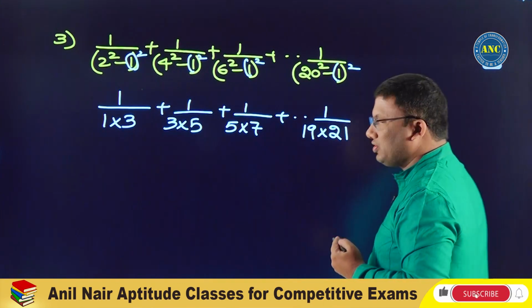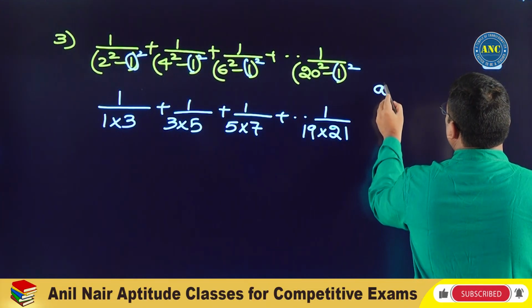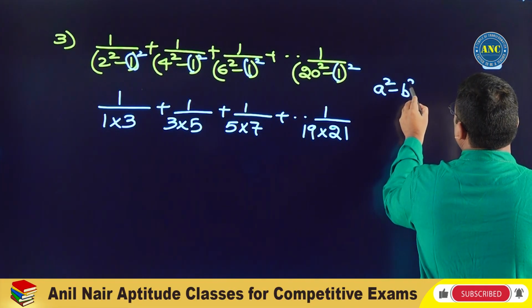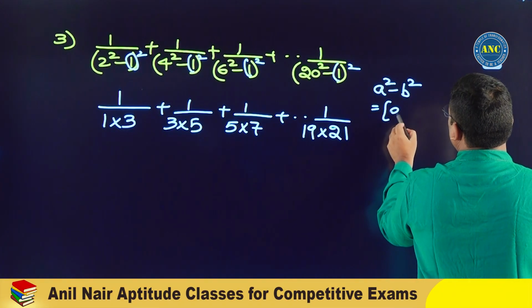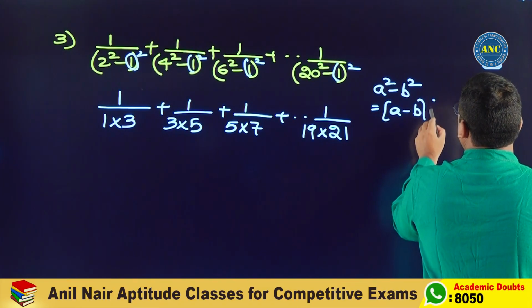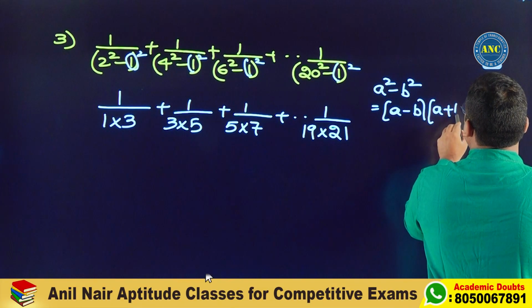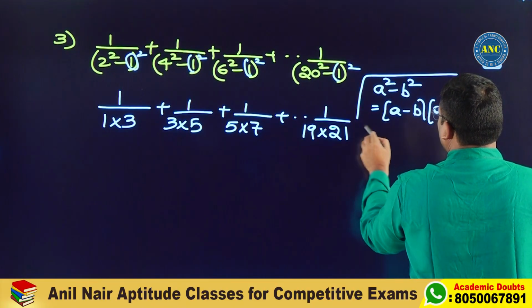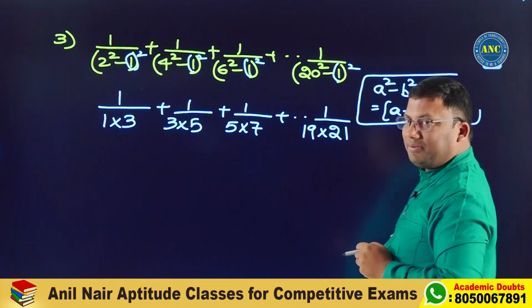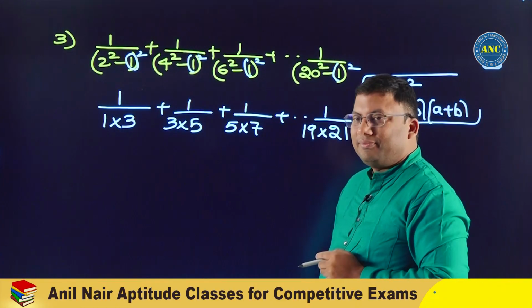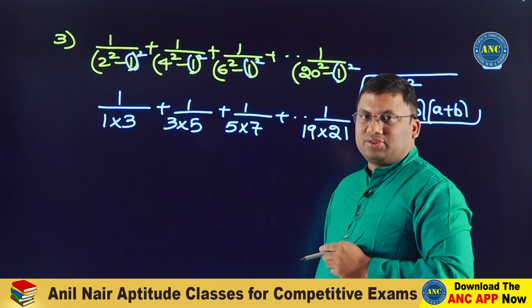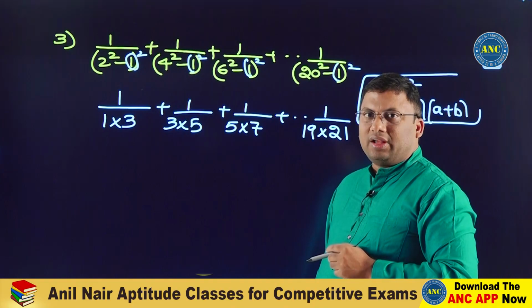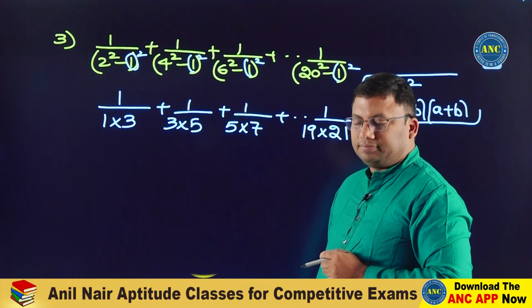A square minus B square is given by A minus B into A plus B. 1 I wrote it as 1 square.